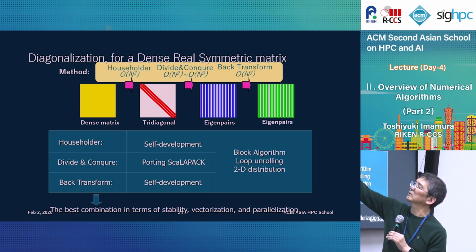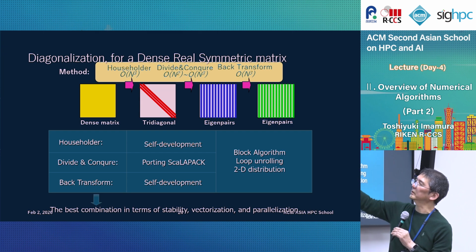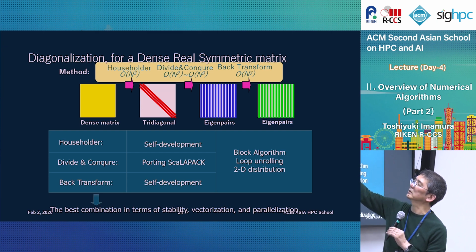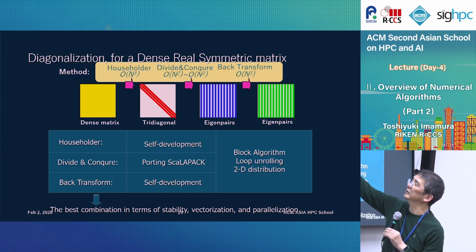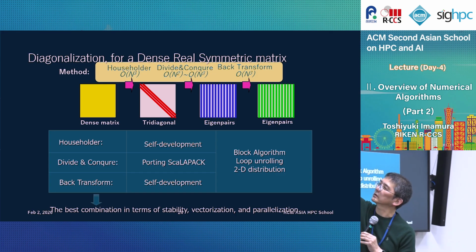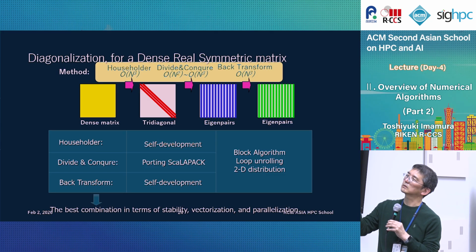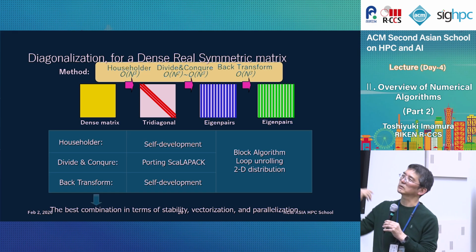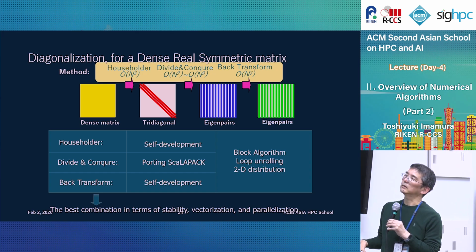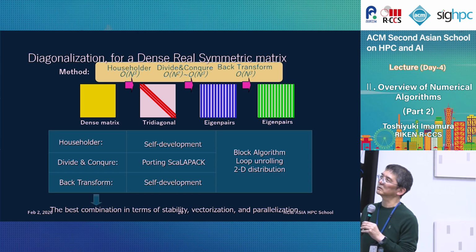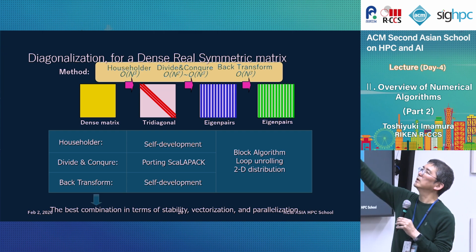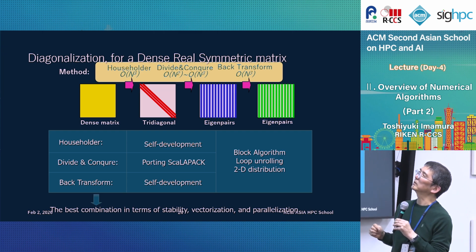So modern libraries have good implementations here. The first step is converting the dense matrix format to the tridiagonal, which also includes a highly non-trivial sequential algorithm, but we can apply a parallel algorithm here.